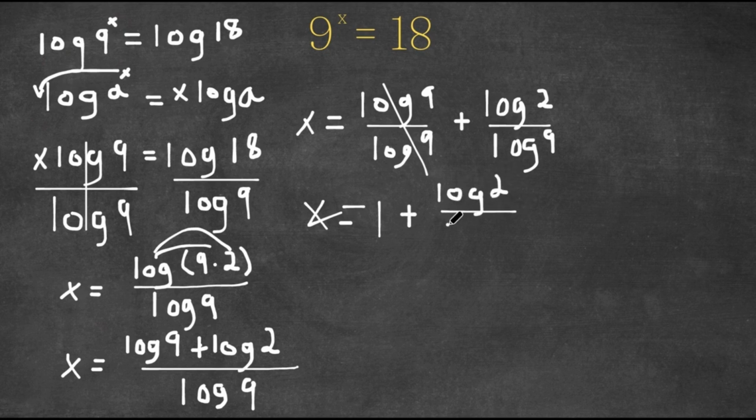over log, and I'm going to replace the 9 with 3 squared. Now remember, we're going to use the same property that we used over here, and I'm going to move the 2 to the front. So I'm going to move it right over here.